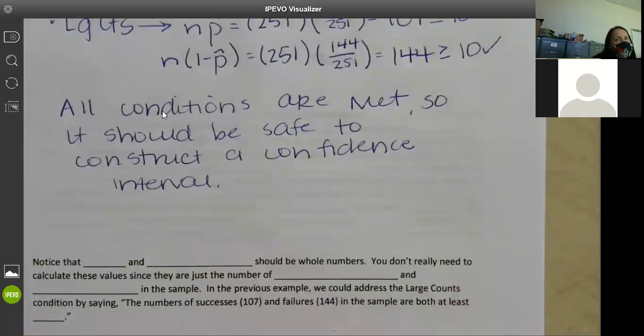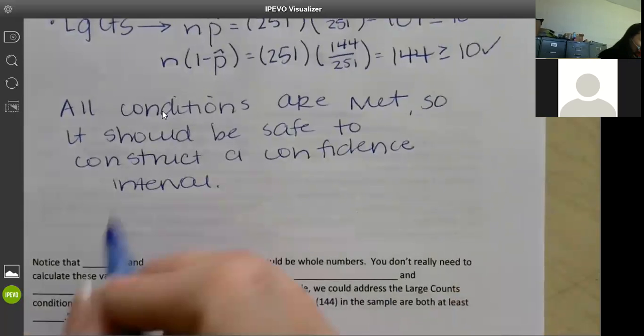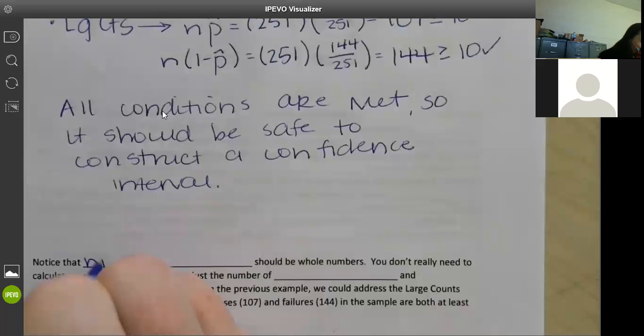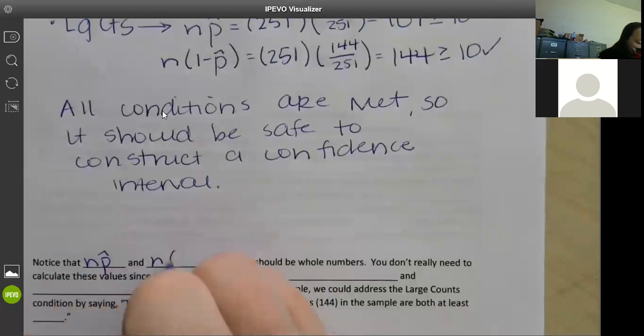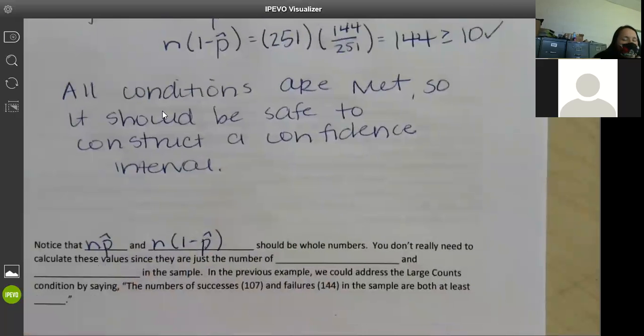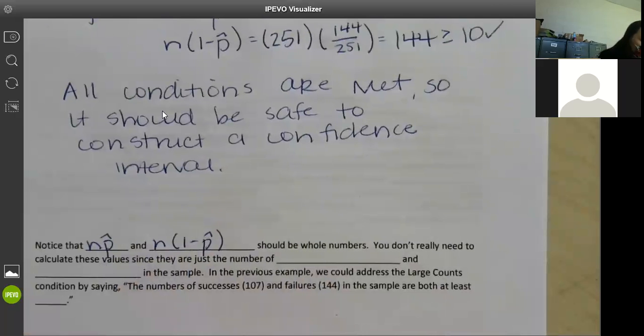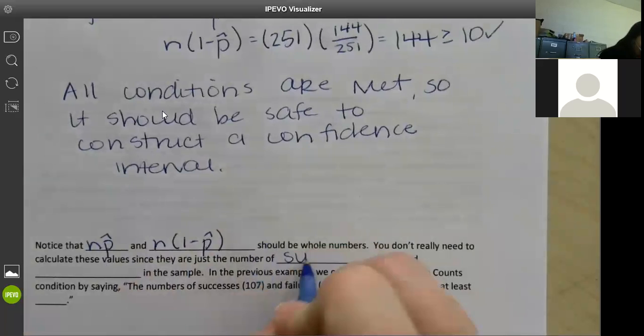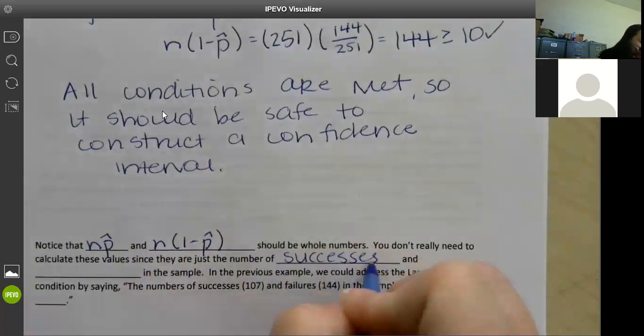So when we talked about that n p hat and n times 1 minus p hat, notice how the 251s canceled out. That will happen every time that there's a proportion. So notice that n p hat and n 1 minus p hat should be whole numbers. You don't really need to calculate these values since they are just the number of successes and failures.